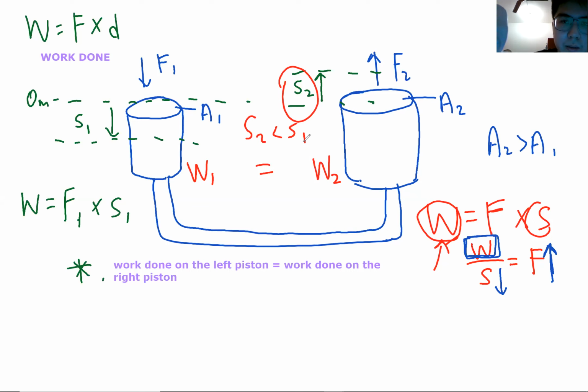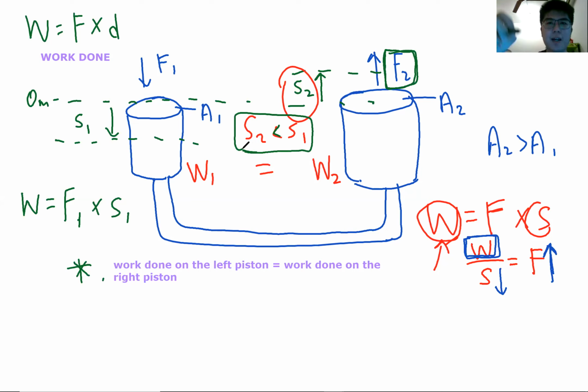Because F2 is bigger here. F2 is bigger, right? So this piston, the right piston, is moving a much smaller distance. Okay, so S2 is less than S1.